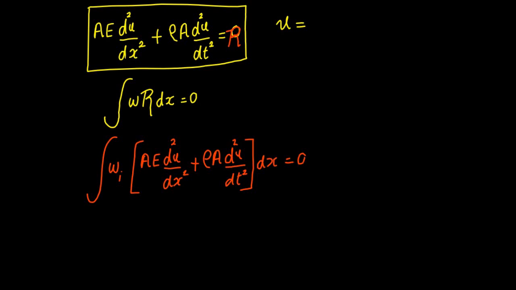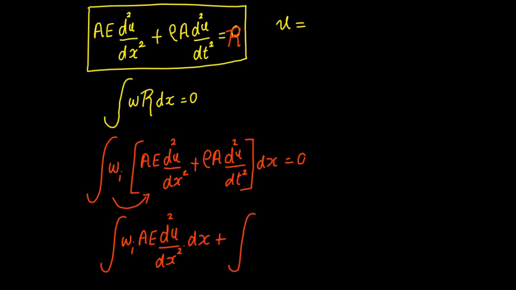So all I'm going to do is take this wi inside the bracket, and let me see what happens. It's the integral of wi into AE into d square u over dx square with respect to dx, plus the integral of wi into rho a into d square u over dt square with respect to dx, is equal to 0.